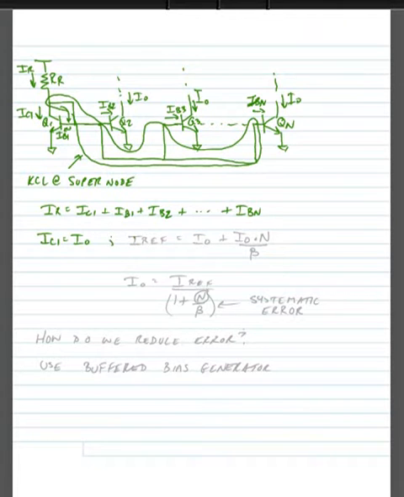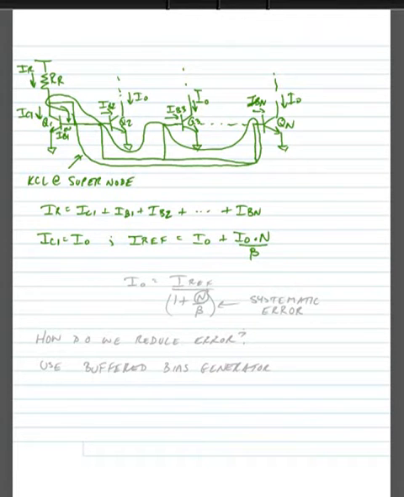And we would say that IREF is equal to I out plus I out times N divided by beta. These are all of our base current terms.